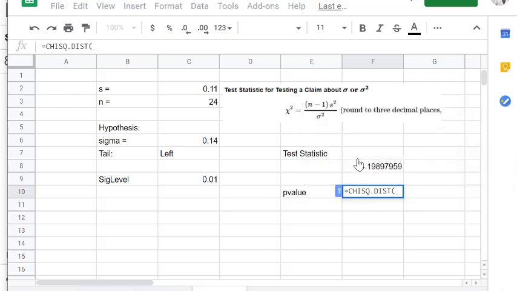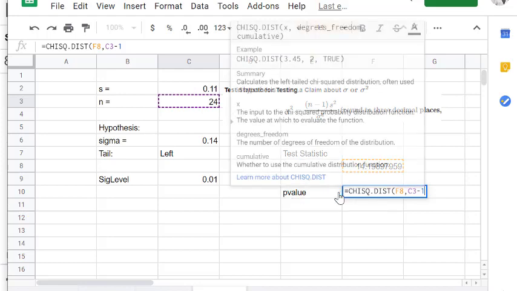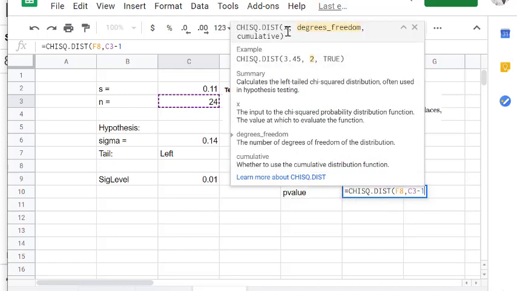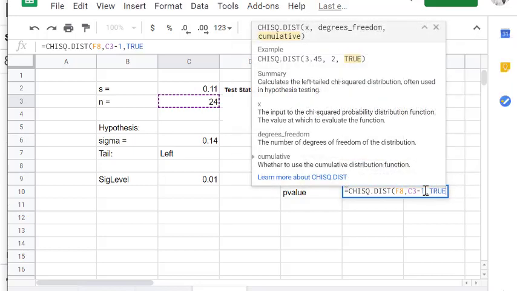So I'll select this one, and what are they going to ask? They're going to ask for this value, comma, and then the degrees of freedom, which is going to be n-1. And you can always double check to see what it's asking for. Oh yes, it's also asking for whether it's cumulative or not. So let's go ahead and say true for cumulative.